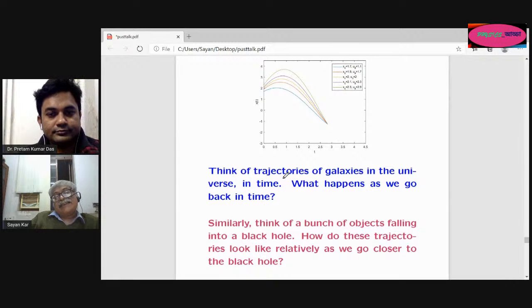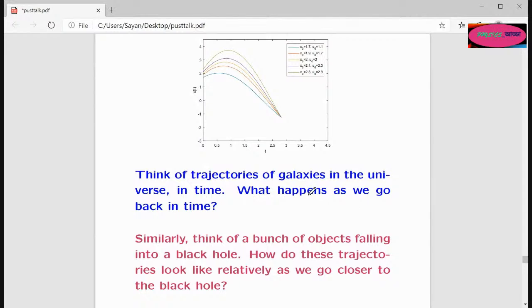So if you know how these galaxies have evolved as the universe has expanded, for instance, you know that the galaxies are all moving away from each other. So you ask the question, what happens as we go backwards in time? So they would essentially be coming closer to each other.